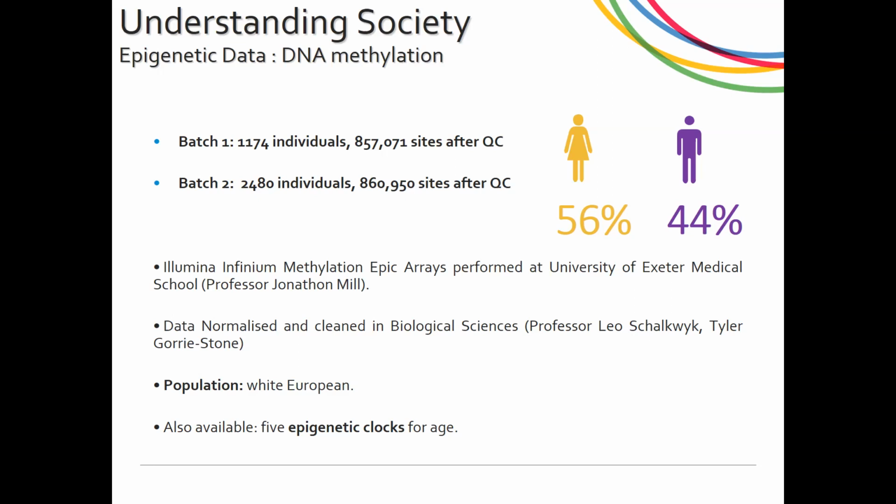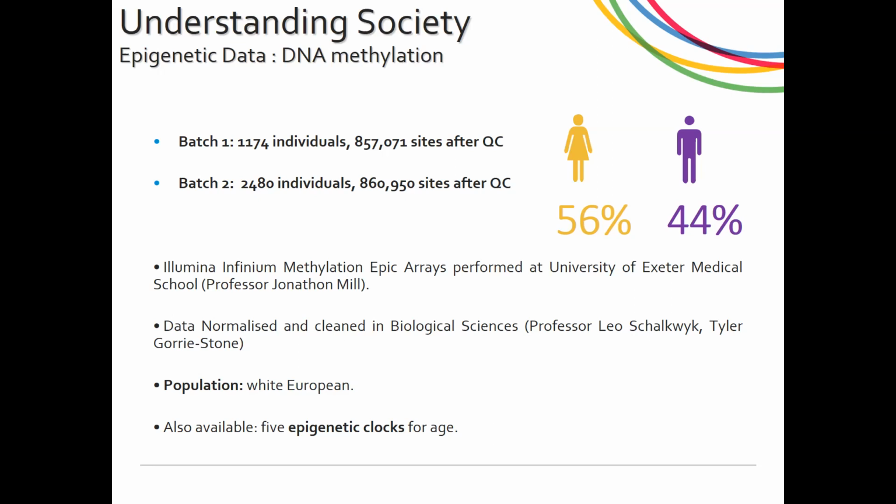The second one we did later, in 2020, and for this one we have a relatively larger sample size, 2,480, and again a similar number of CpG sites after QC. Although the number of CpG sites is slightly different, the majority overlap, so you don't need to worry too much about the difference.